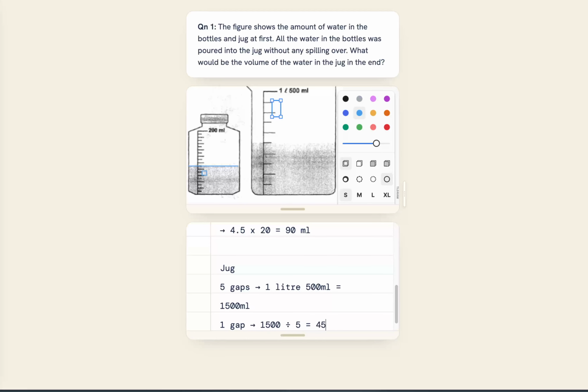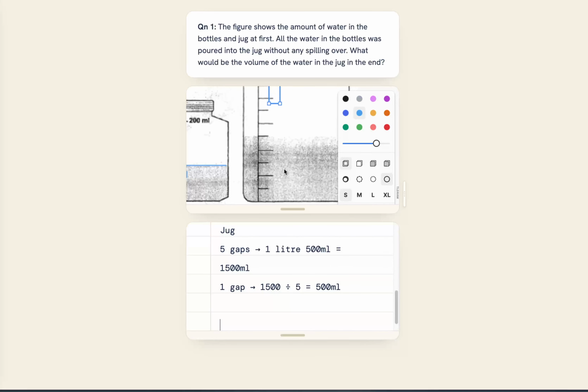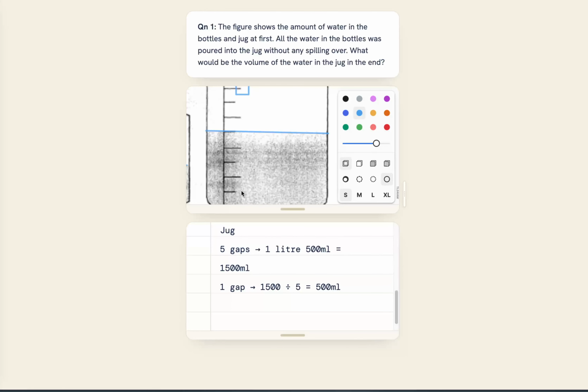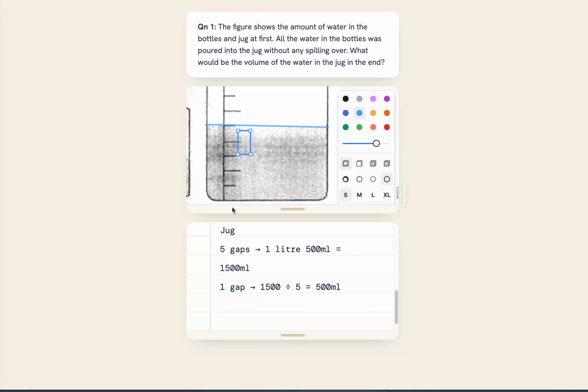This will be 300 milliliters. The jug is 2.5 gaps, so 2.5 times 300 will be 750 milliliters.